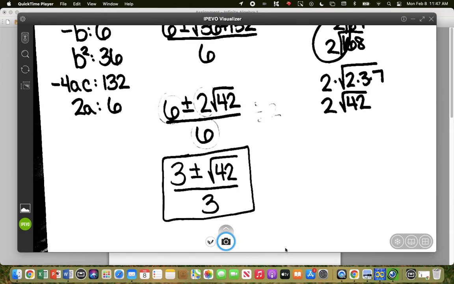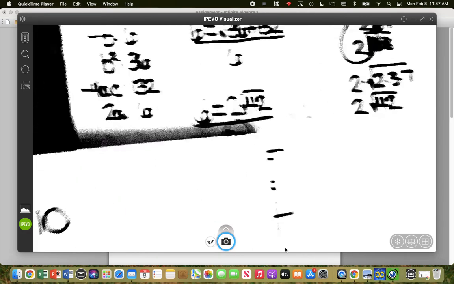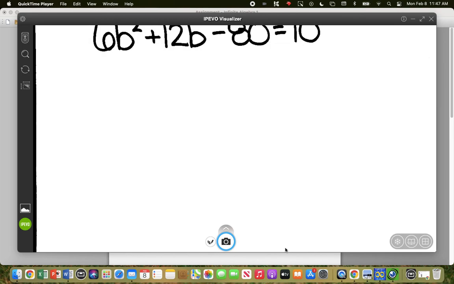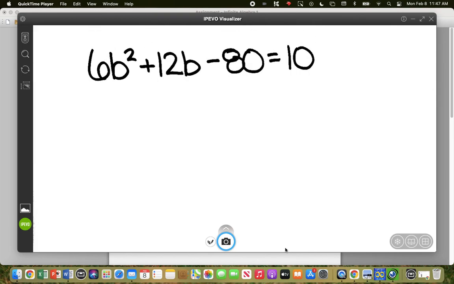Alright, do you guys think you could try one like this on your own? And if I remember right, this one's going to be a perfect square. There we go.